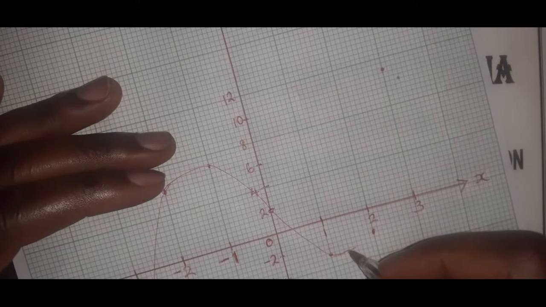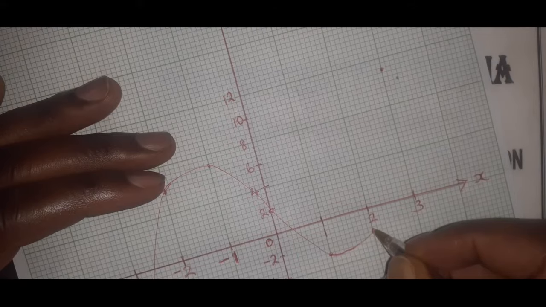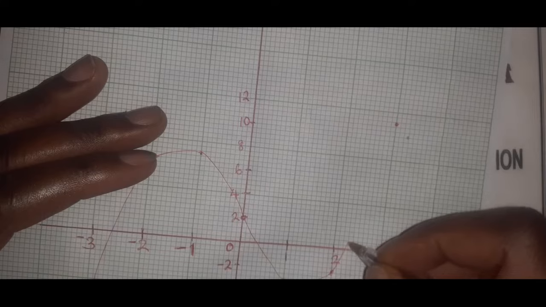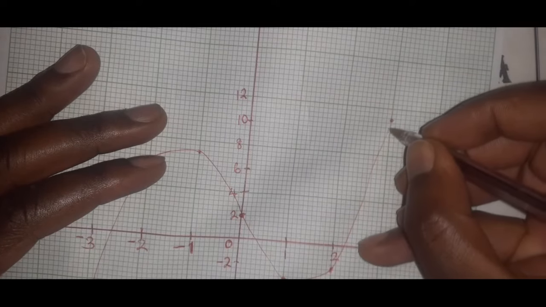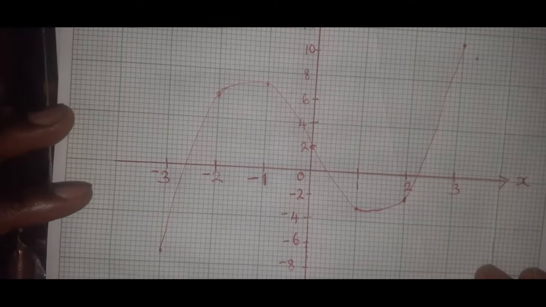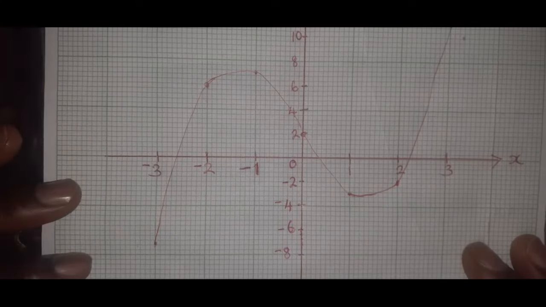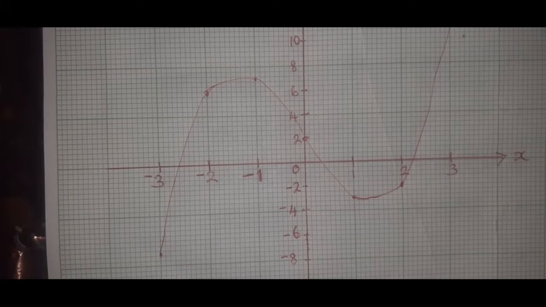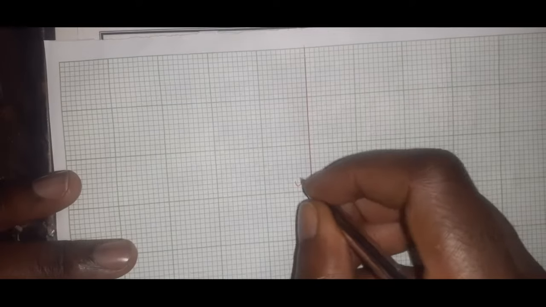Okay, like this. This is what we're supposed to do. Join them like this. So this is what we're going to have. Okay. So we have our y here.